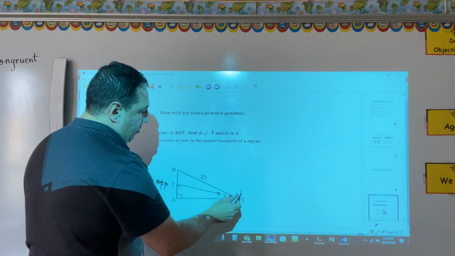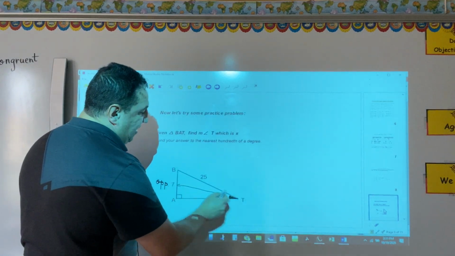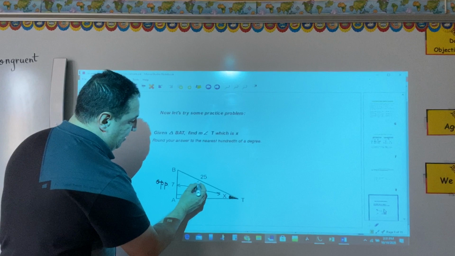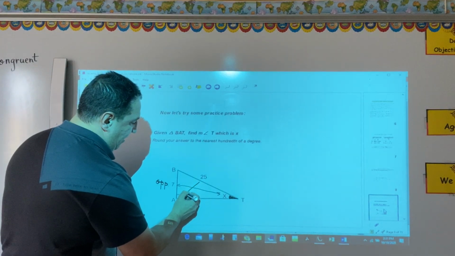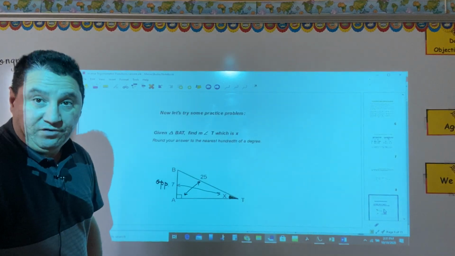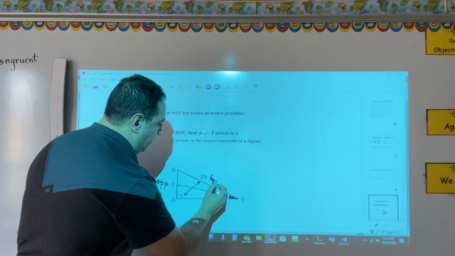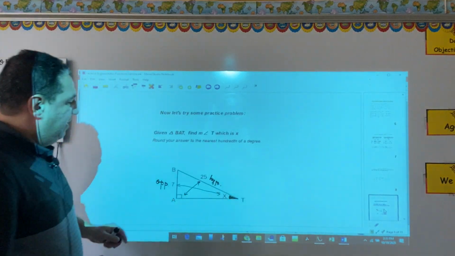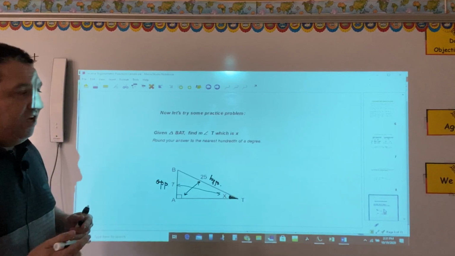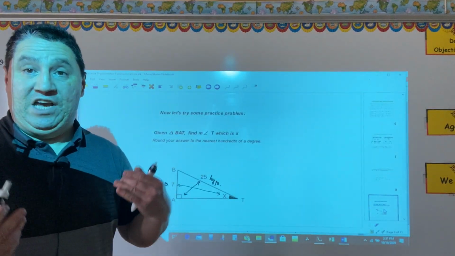This side, which is another side that is given, is the hypotenuse, right? Hypotenuse is the side opposite or across the right angle. Because the opposite side and hypotenuse are given, we have to use the sine ratio.